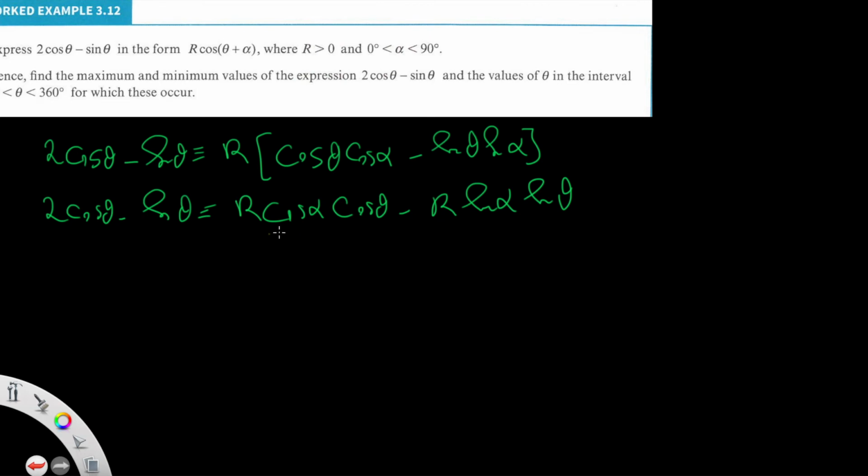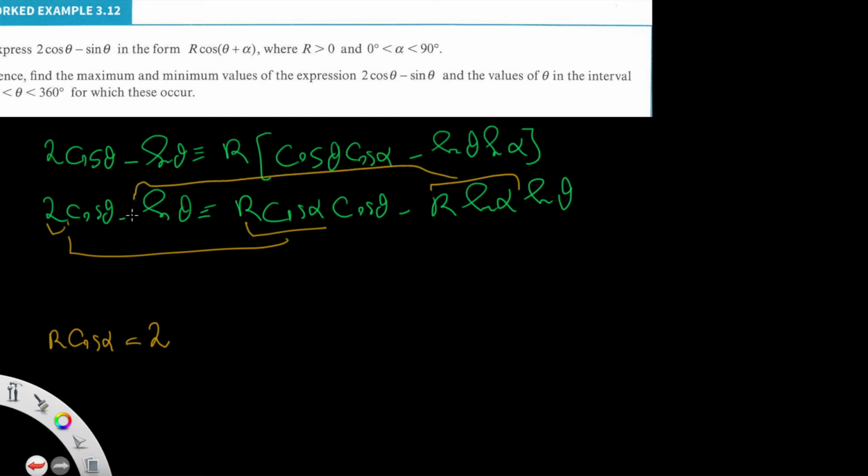Here cosine of theta has a coefficient of 2 on the left hand side, so the right must be the same. So r cosine of alpha will be 2. Here sine of theta has the coefficient of r sine of alpha, which has the coefficient of 1 actually, so r sine of alpha must be 1.